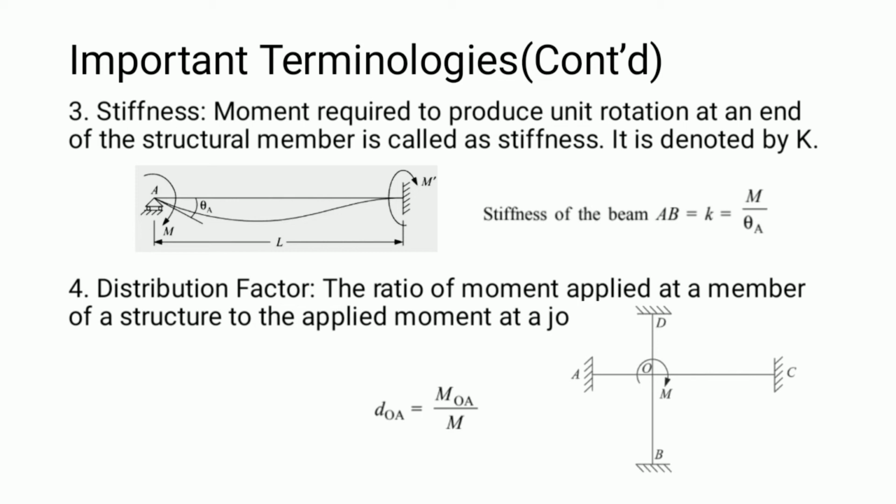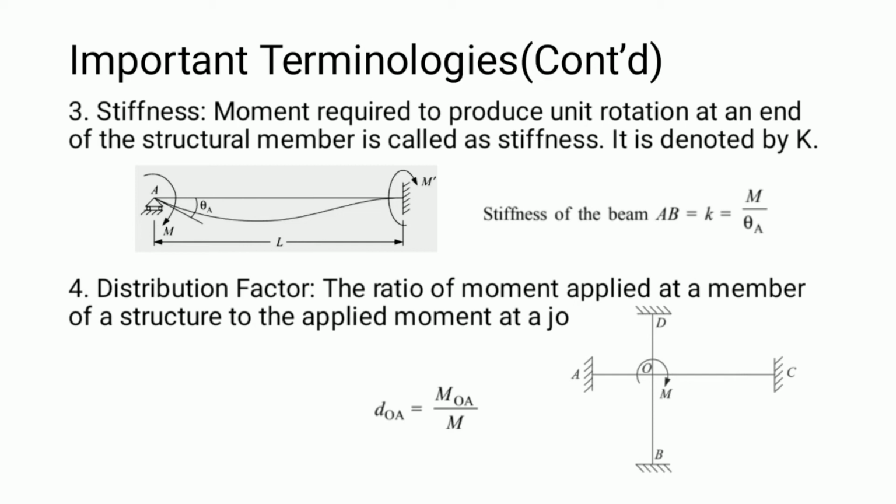If M OA is the moment which is shared by the member OA, when the moment M is applied at joint O, then the distribution factor for the member OA is D OA, which is equal to M OA divided by M.